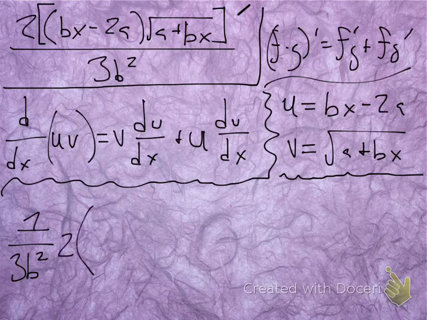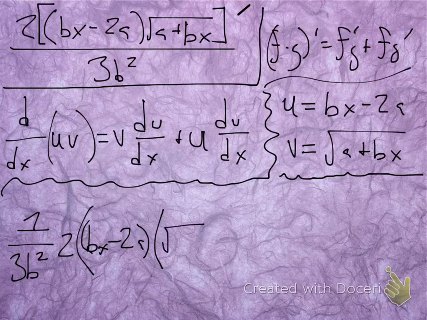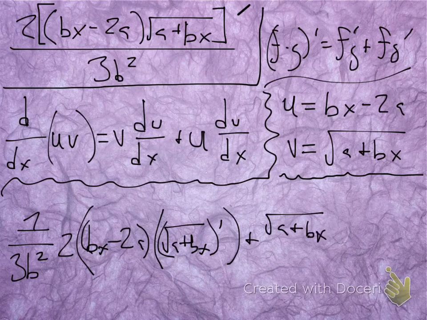Times 2 times bx minus 2a, okay, times radical a plus bx prime plus radical a plus bx times bx minus 2a prime.